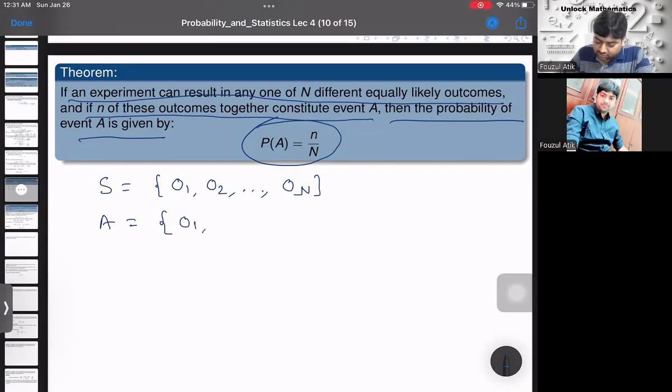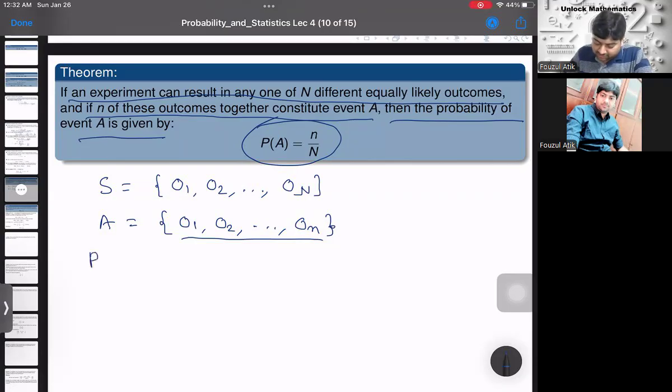So it is O1, O2, up to O small n. The order does not matter because each of them is an equally likely event. So I have just taken n of these. And it was already discussed that they are different and each of them contains one event, so they are mutually exclusive as well.